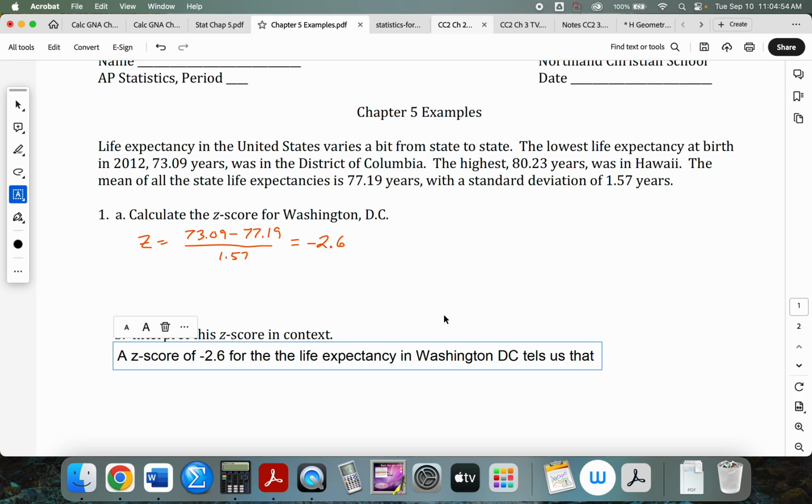It's over 2 standard deviations. Okay, so it's more than 2 standard deviations below.